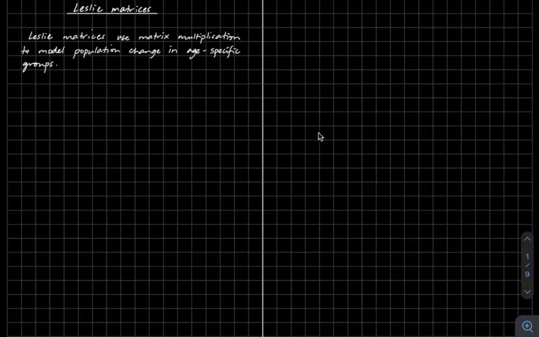Well, what does that mean? Think about, for example, a human population, and let's say that people live from 0 to a maximum normally of 100 years. Rather than just asking what's the rate at which the population as a whole is growing or declining, we might instead choose to break that up into age-specific groupings.